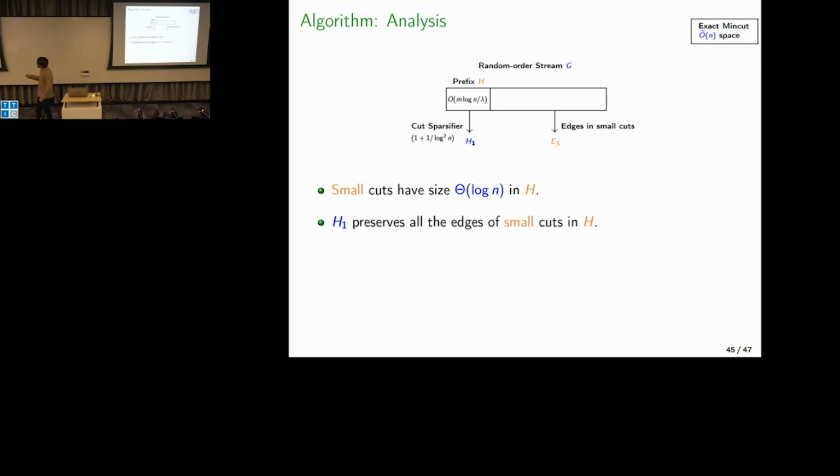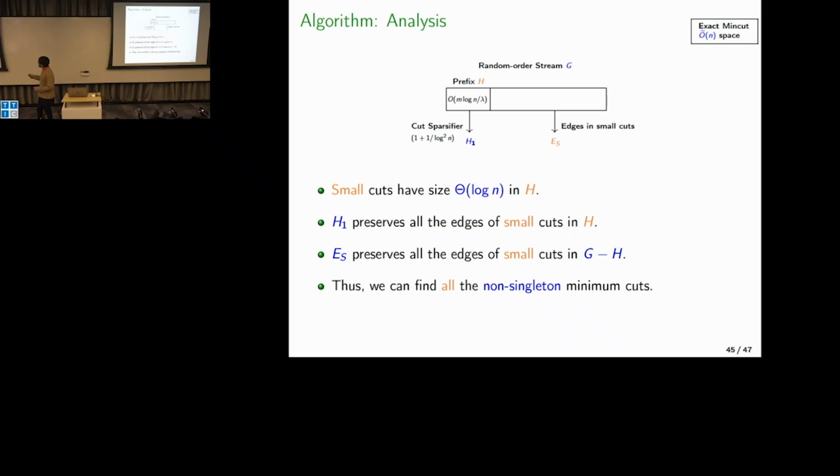And so H1 preserves the small cuts exactly in this part of the stream. So if I just look at the graph, H1 will preserve all the edges of the small cuts. And ES is explicitly preserving all the edges in the small cuts in the suffix.